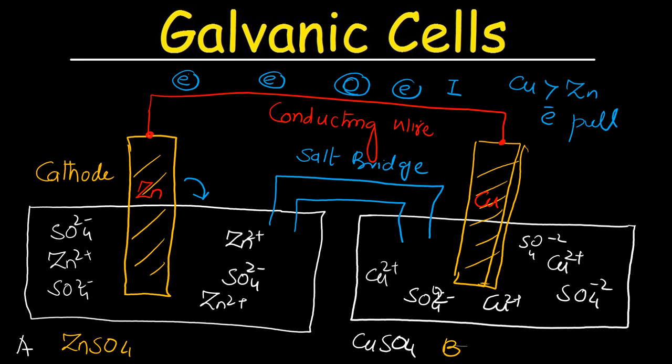So the zinc atom in the form of the ion Zn2+ is not stable with the plate of the zinc metal, so it will jump from the zinc metal into the solution of zinc sulfate. Similarly, a huge amount of Zn2+ will be produced on the zinc sulfate side of the galvanic cell from the zinc metal.